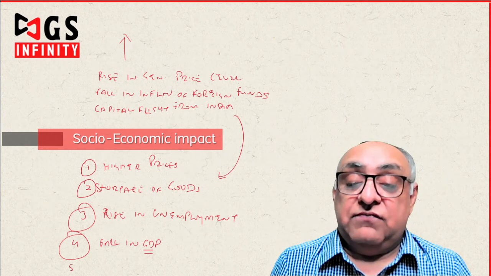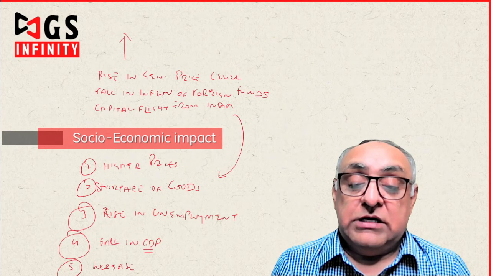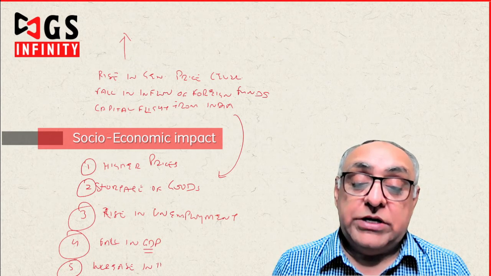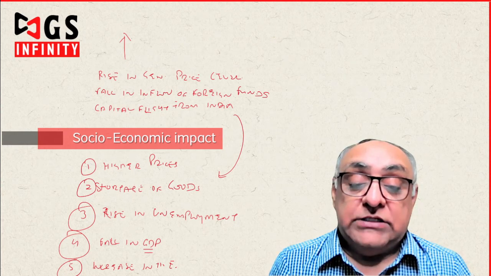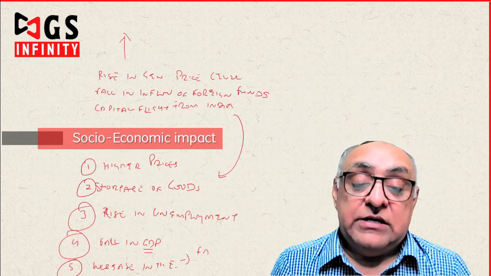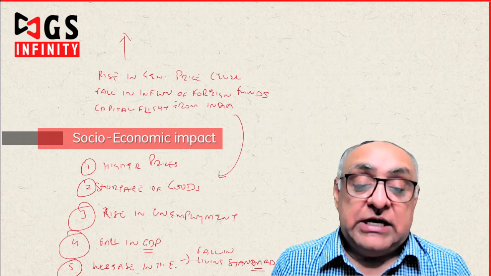And the fifth impact would be an increase in household expenditure, HE meaning household expenditure here, and a fall in the living standard. That would lead to less investment in education and health.